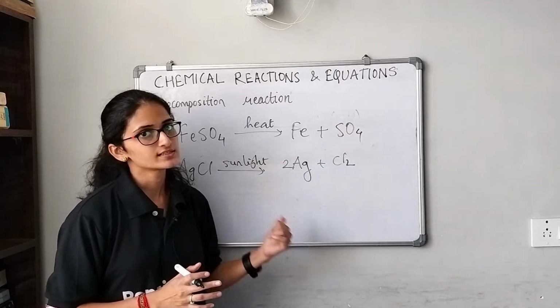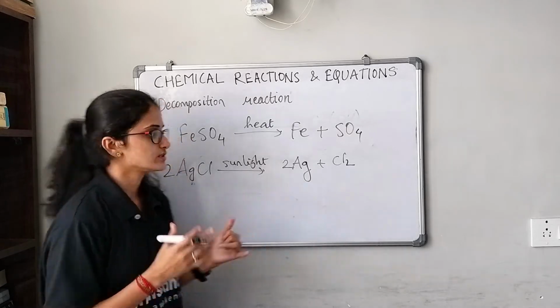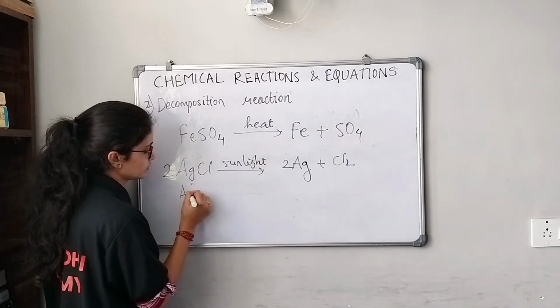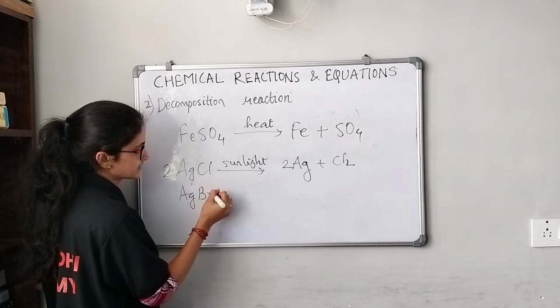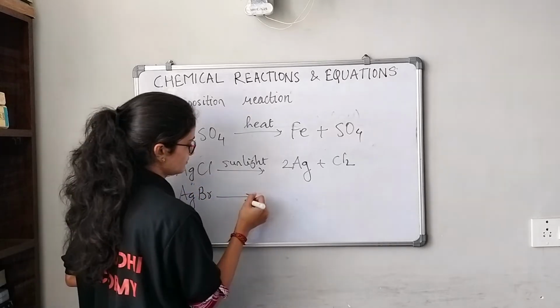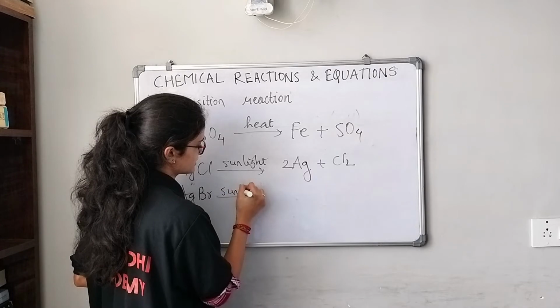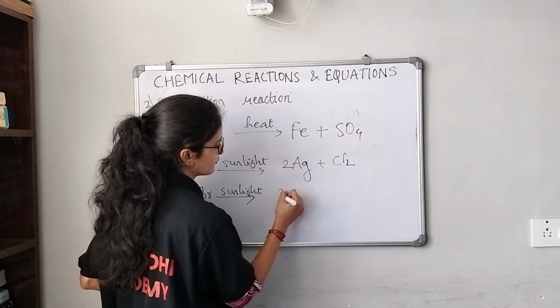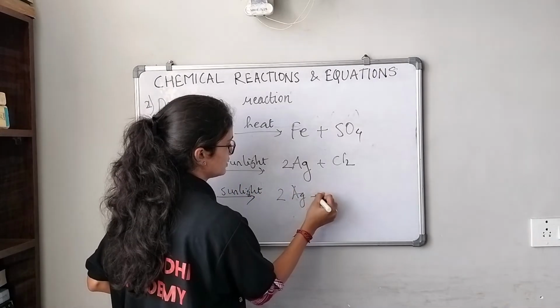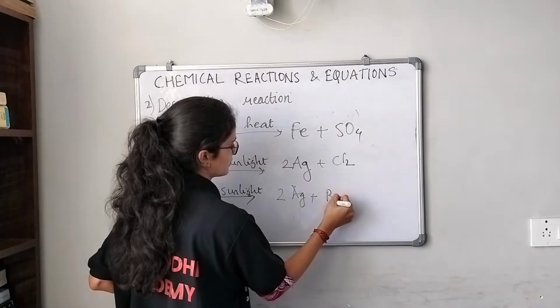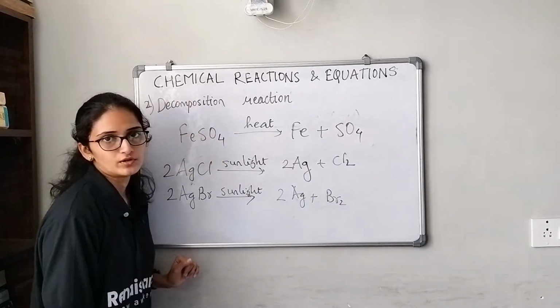This also happens with silver bromide, so in place of silver chloride we can write silver bromide. In the presence of sunlight it will give 2 silver plus bromine, Br2 molecule.